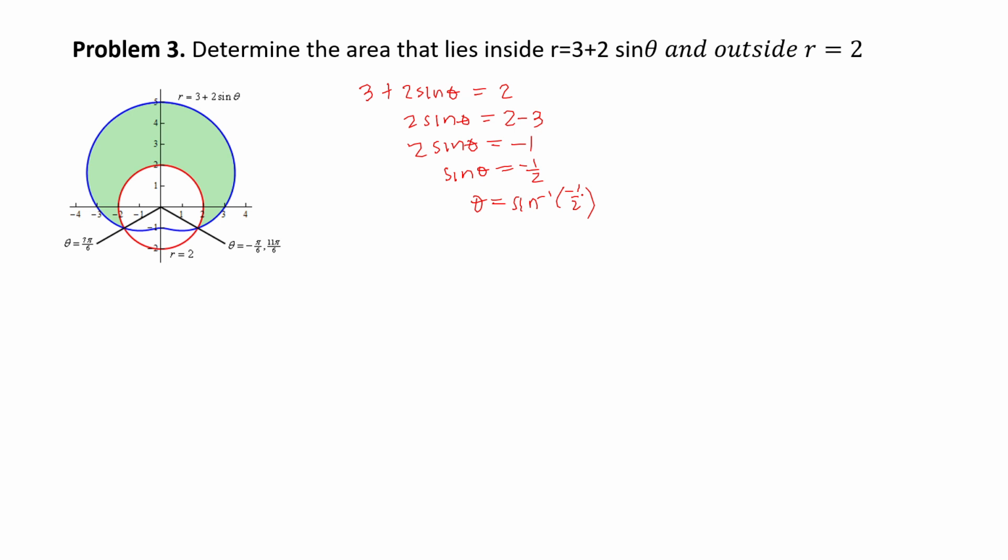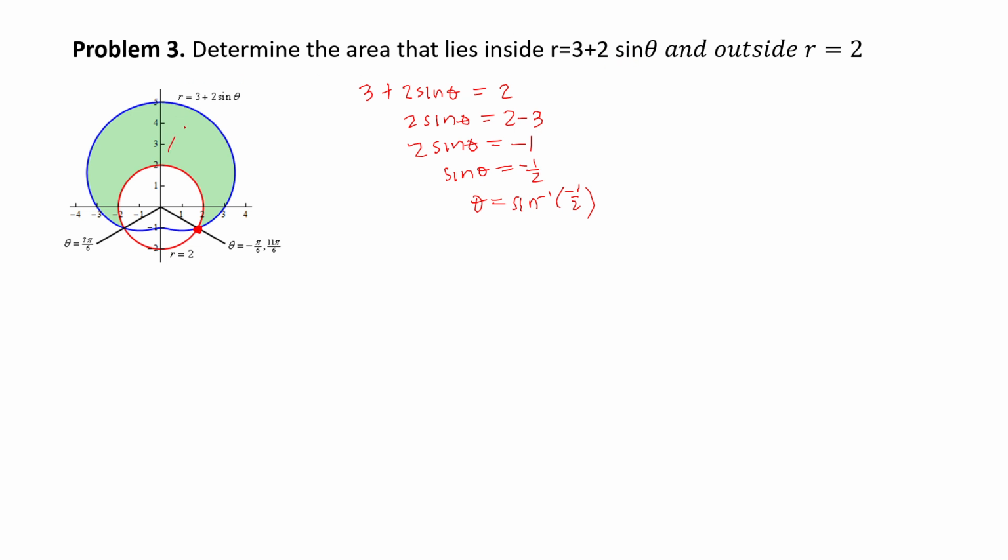So let's solve inverse sine of negative 1/2. That is negative pi over 6. Okay, this one, negative pi over 6. And going here, since we determine the inside of r, inside r is equal to 3 plus 2 sine theta.